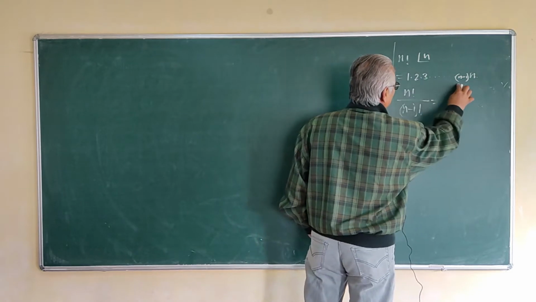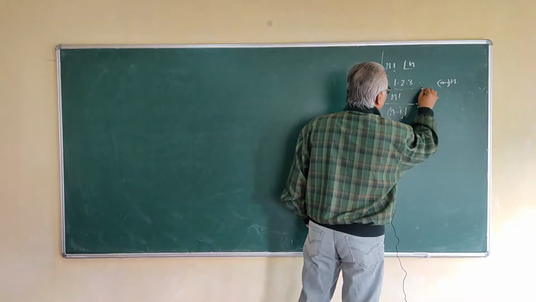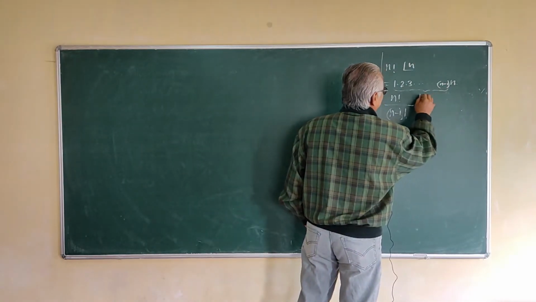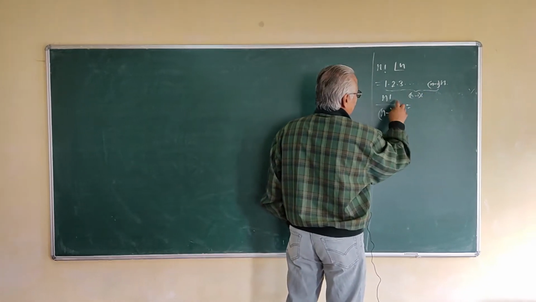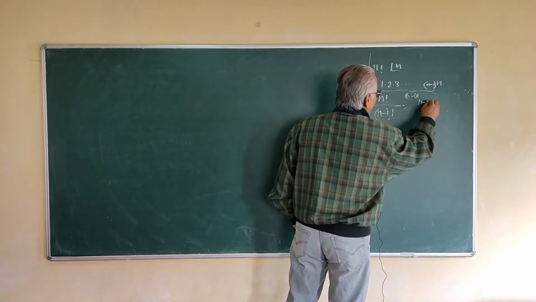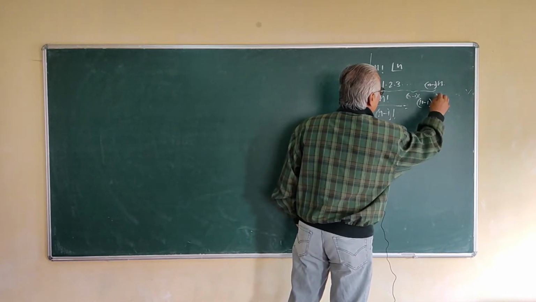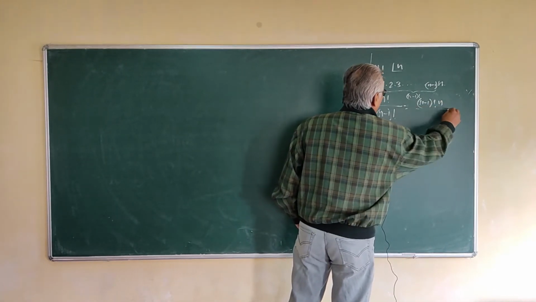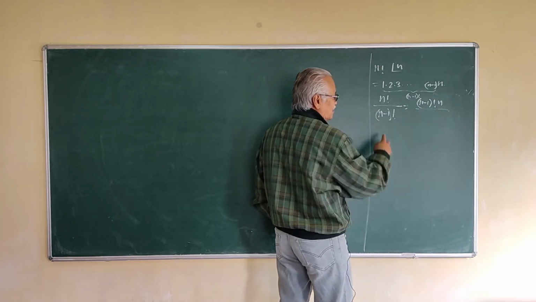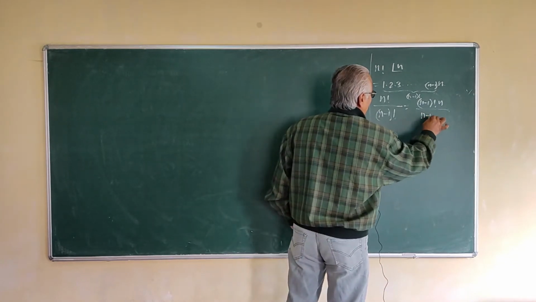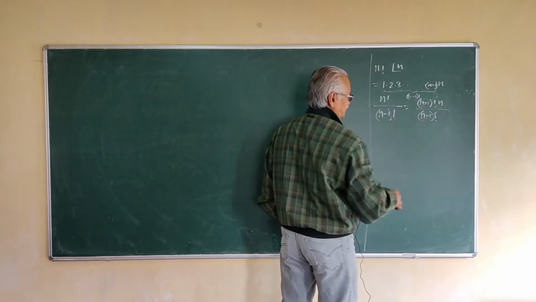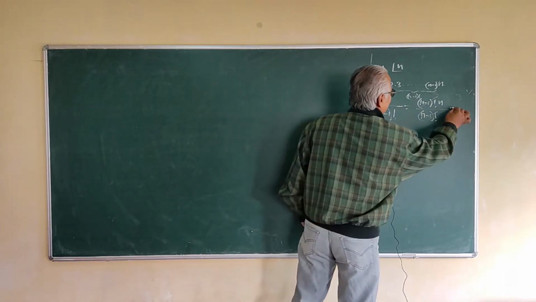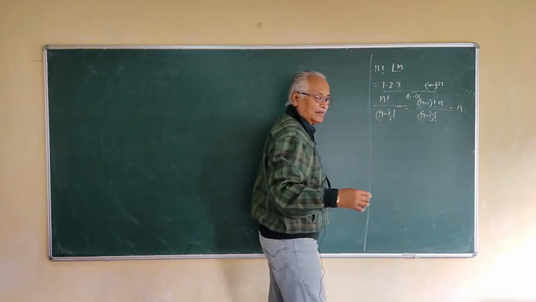So n factorial can be written as n minus 1 factorial multiplied by n, and down in the denominator we have n minus 1 factorial. So we can cancel them away, and then we are left with n.